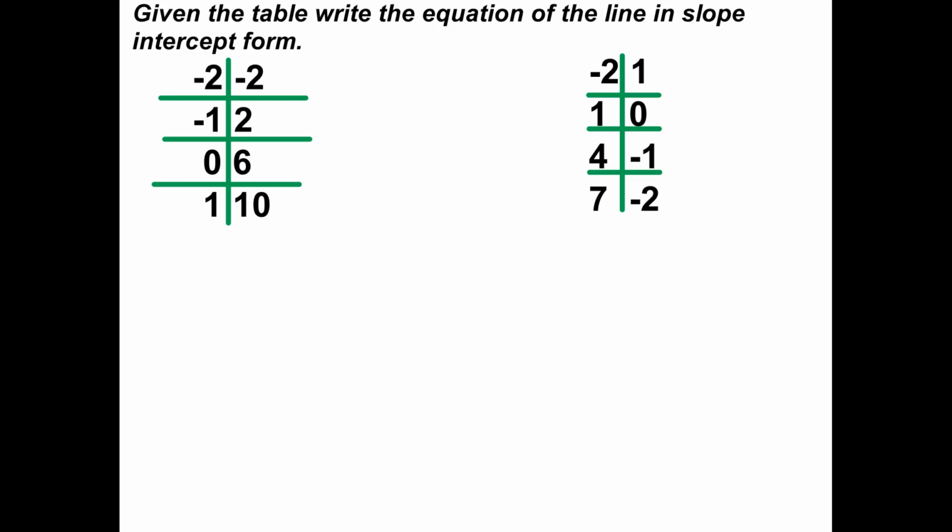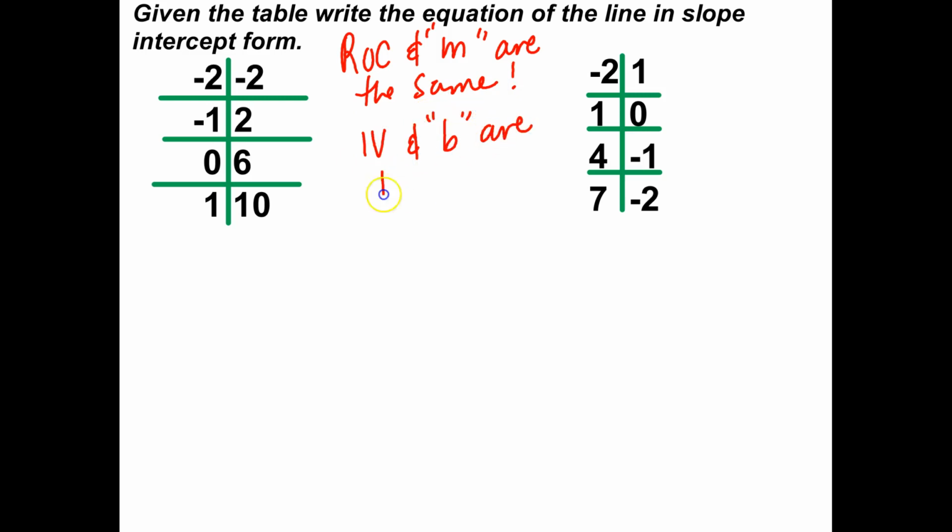Okay, let's review. Rate of change, ROC, and M are the same. Initial value and B are the same.